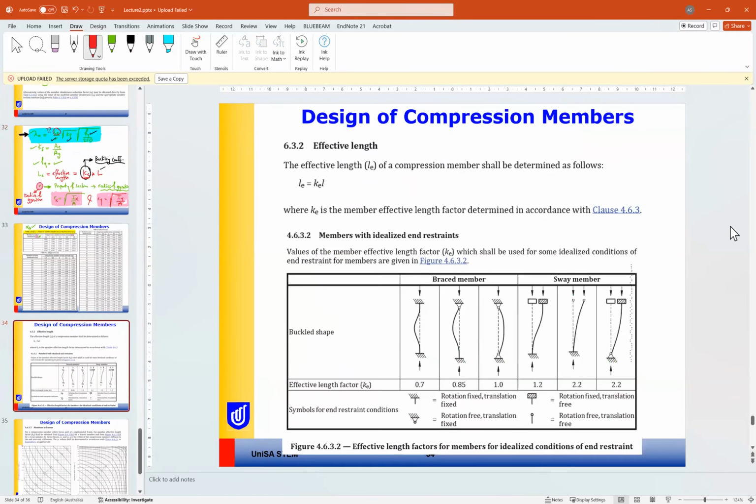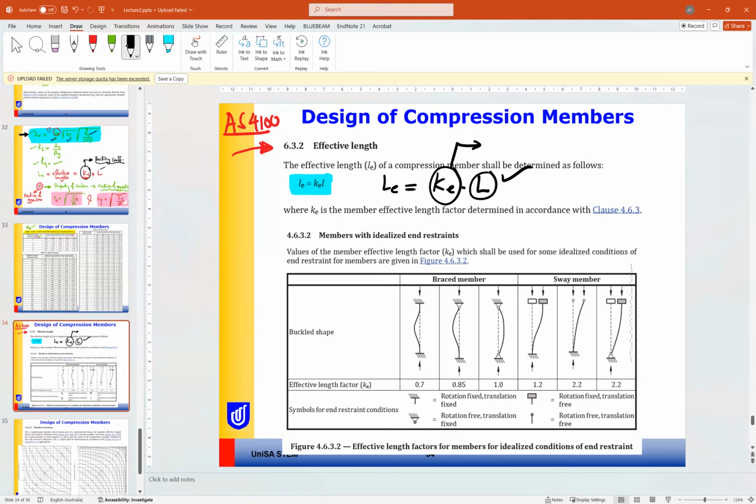So for the effective length, from the standard AS 4100, we have two methods. The formula first, again: L effective equals K effective times L. L, no problem. K effective is the buckling coefficient or buckling parameter.